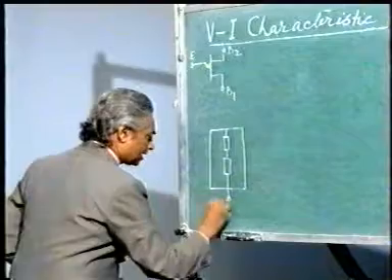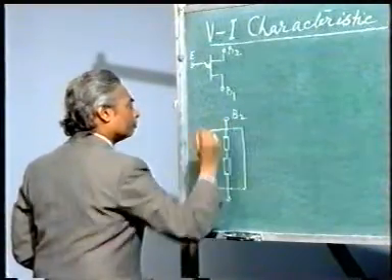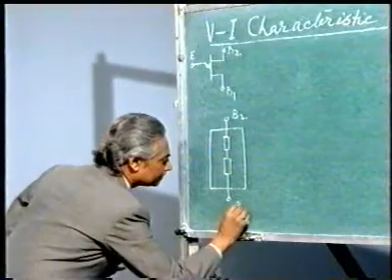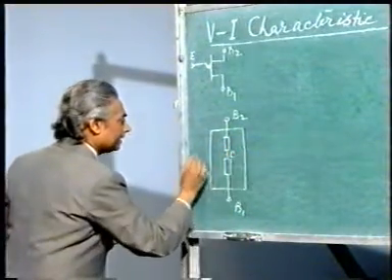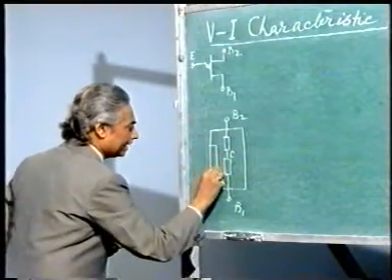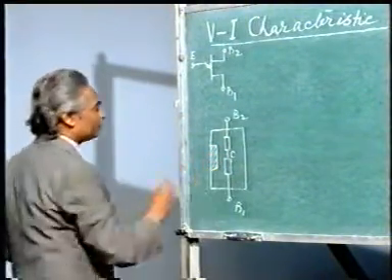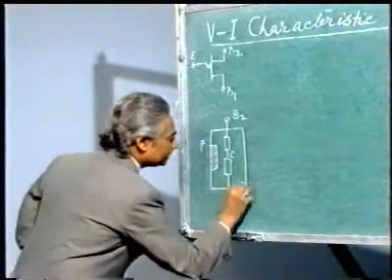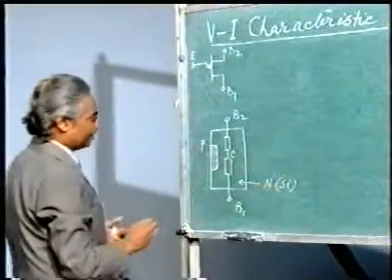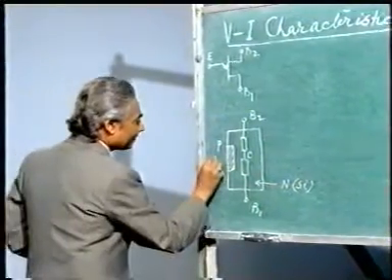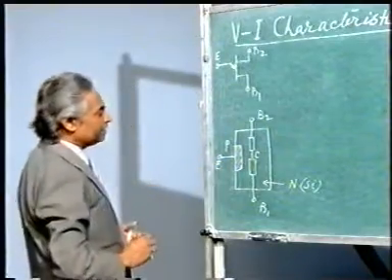The two terminals are coming here. This is B2, this is B1. This point is say C, and here you will find diffusion of P type material. Of course this is N type silicon material, and at this junction we will have the third terminal, which is emitter.